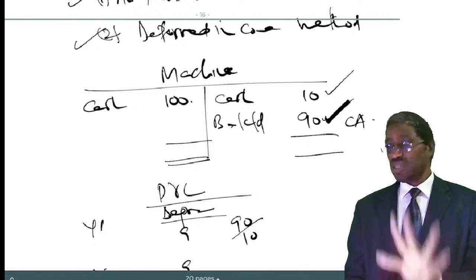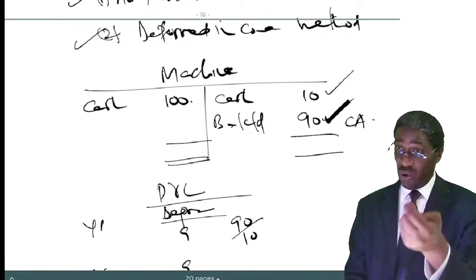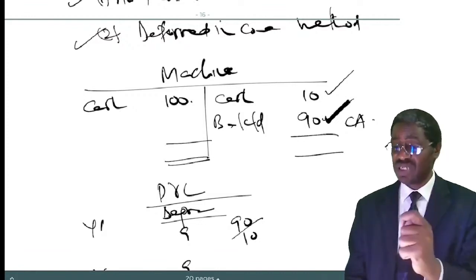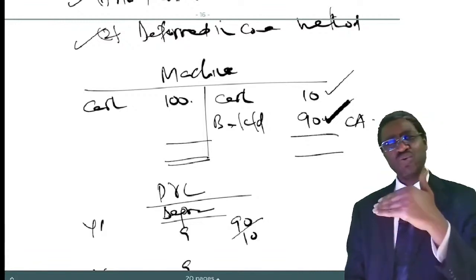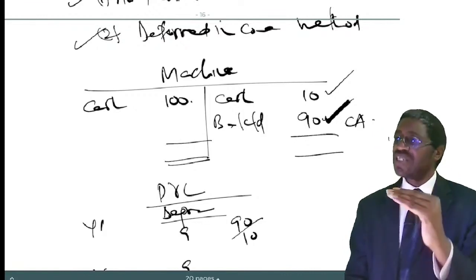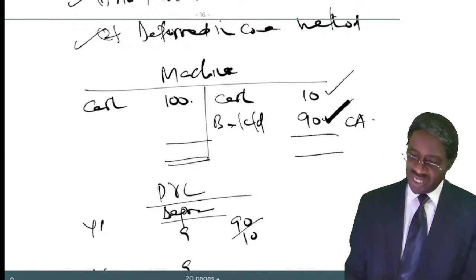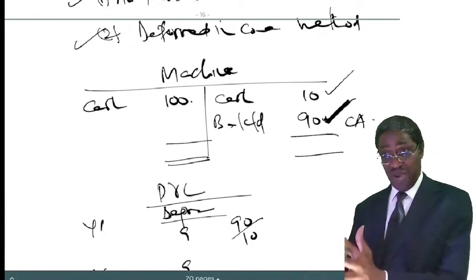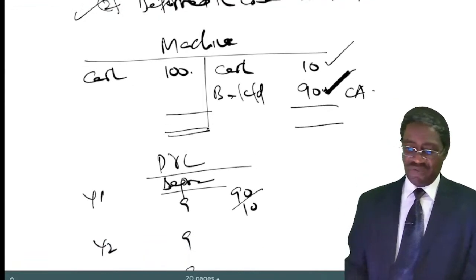Once you account for the grant as a reduction of the cost, you have nothing else to do with that grant in the future. Then you just depreciate the asset on the reduced carrying amount. That's all for method one.